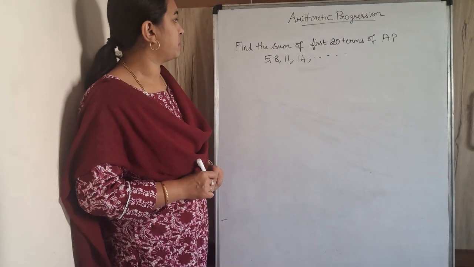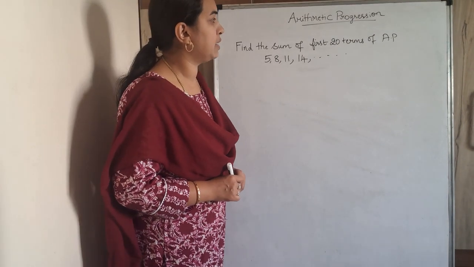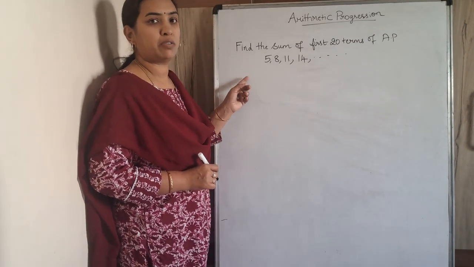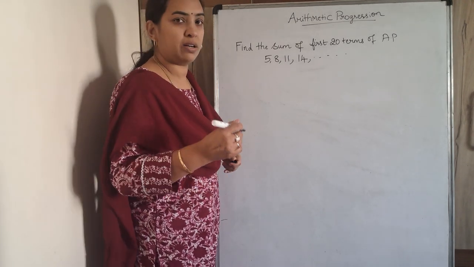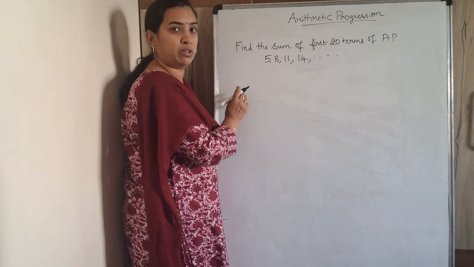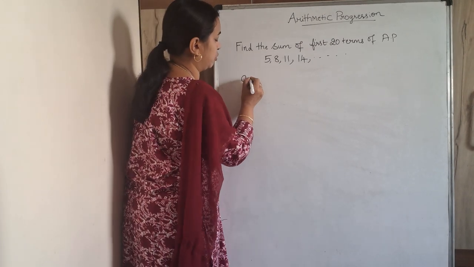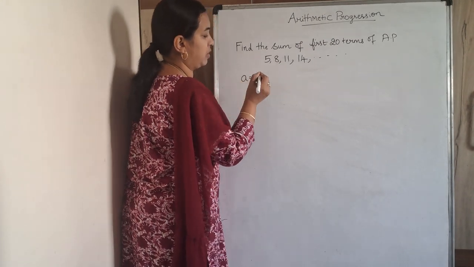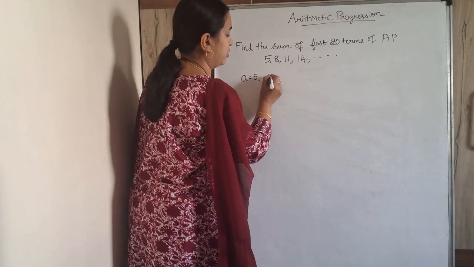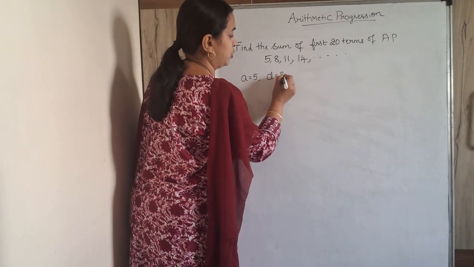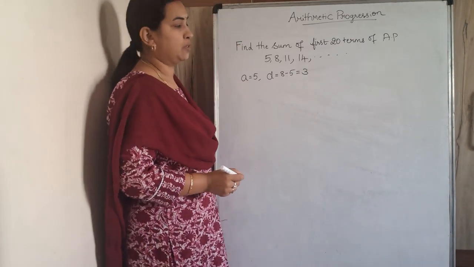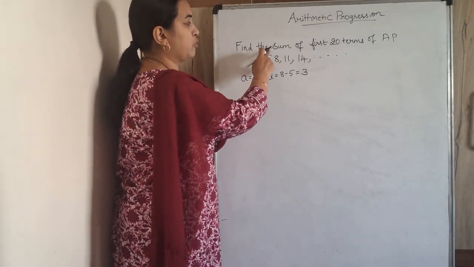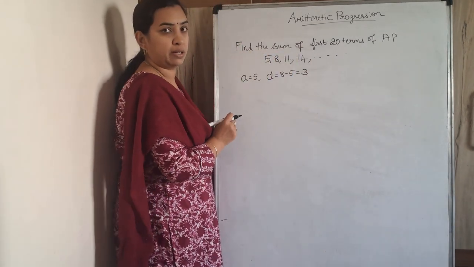The problem is, find the sum of first 20 terms of the AP, and they have given a sequence in AP. From the sequence you can write down the first term, A is equal to 5, and you can find the common difference as well. Now they have asked you to find the sum of first 20 terms.